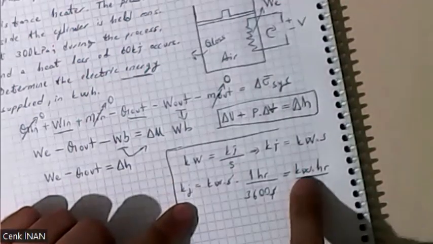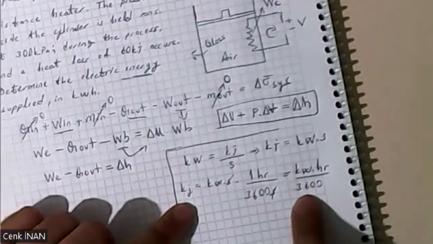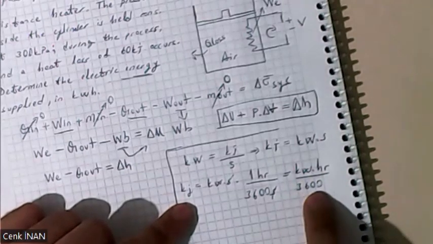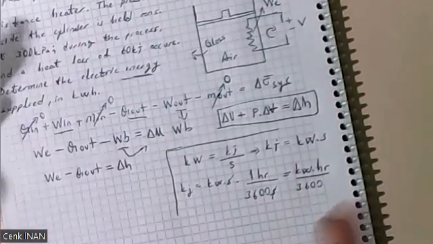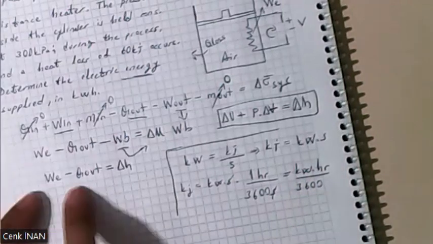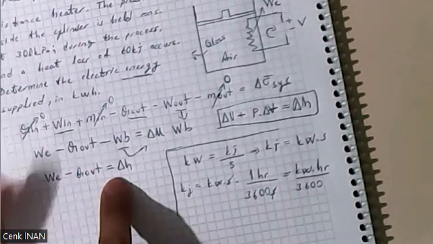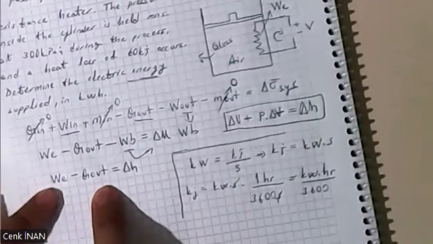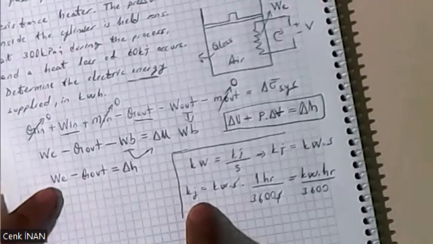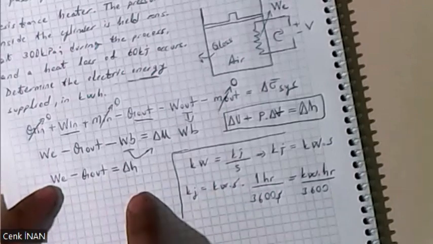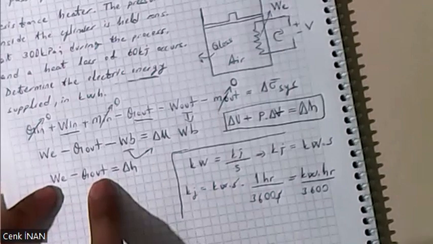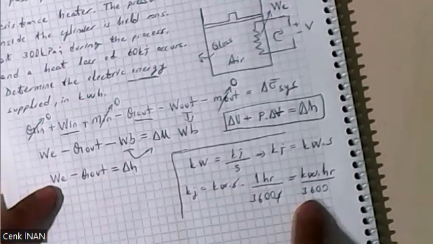So I will obtain a value in this equation in units of kilojoule, and after that I will convert it using 3600.